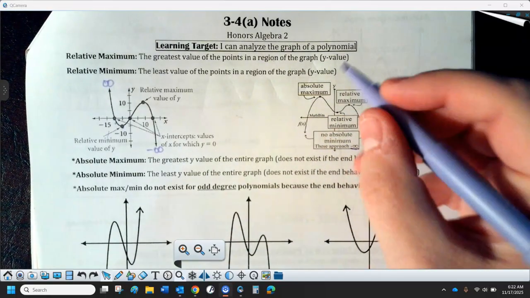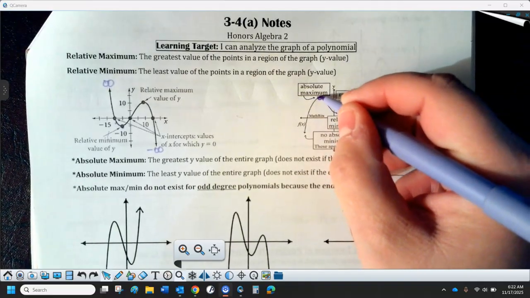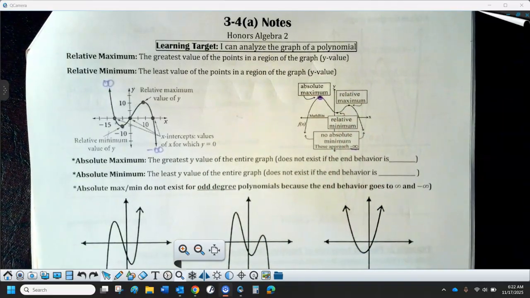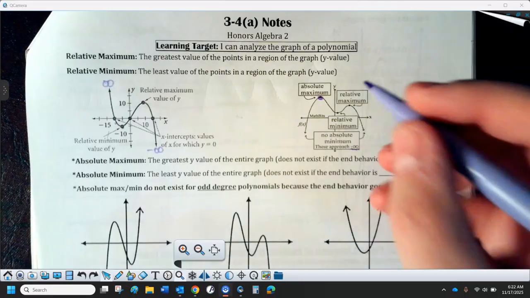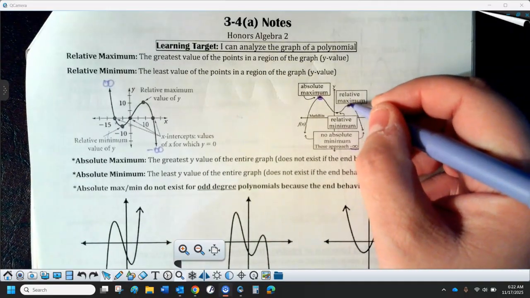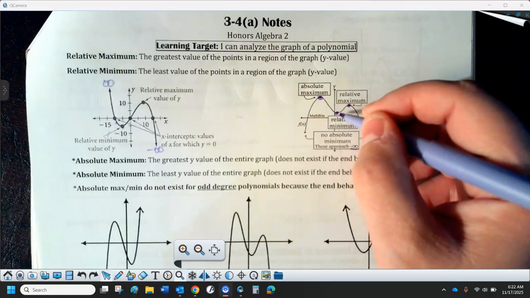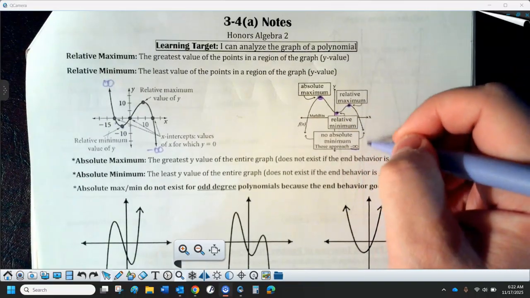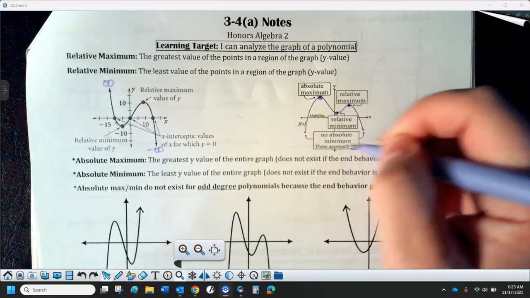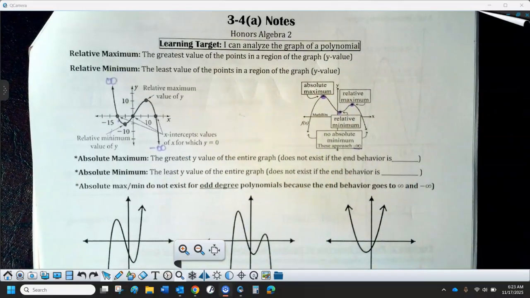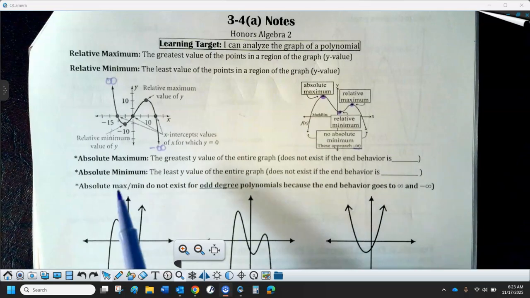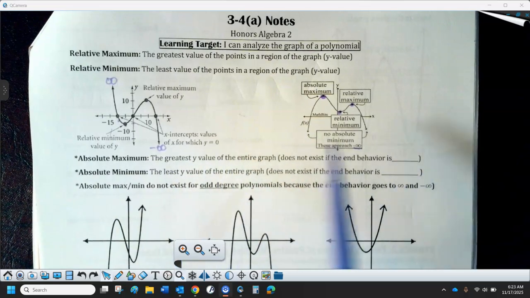So absolutely the top point on that graph, there's nothing above that. That's your absolute maximum. You also have a relative maximum, and you do have a relative minimum here. But we don't have an absolute minimum because both ends, left and right, your end behavior is going to go to negative infinity.